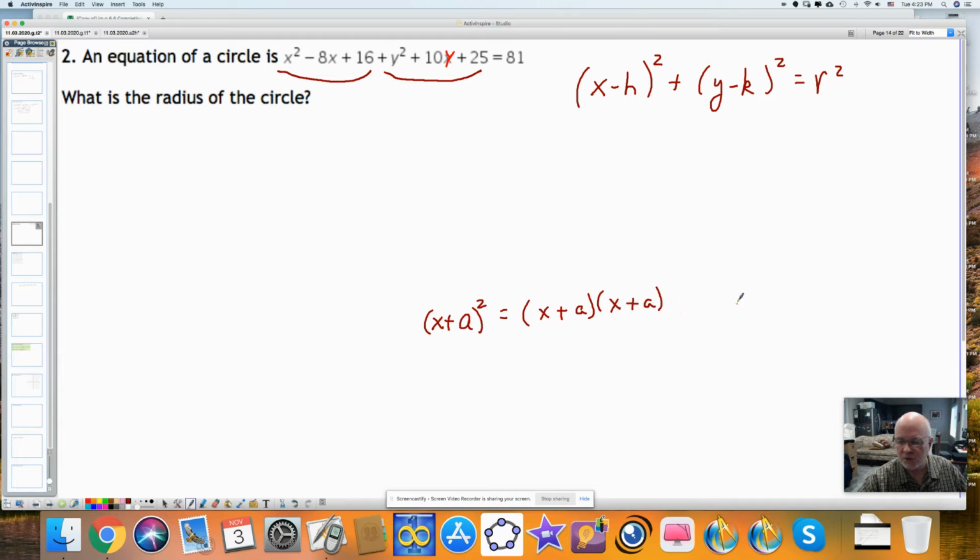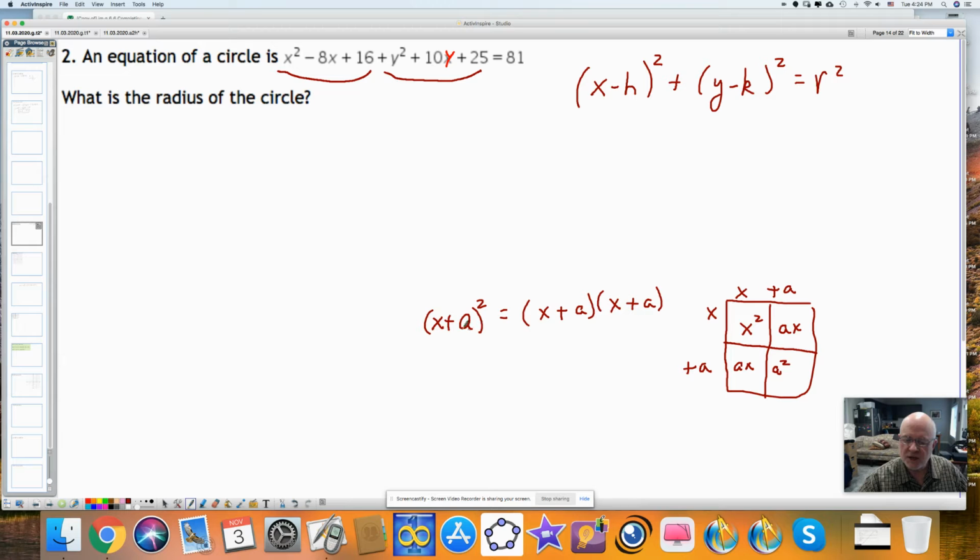We have x plus a for the length and the width. When I multiply the length times the width, I get the area. So x times x is x squared, a times x is ax, a times x is ax over here, and a times a is a squared.